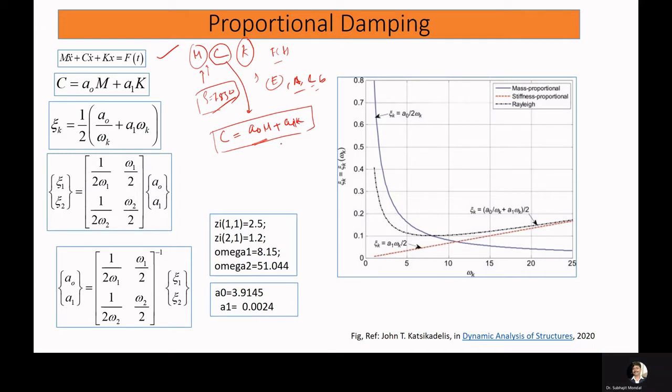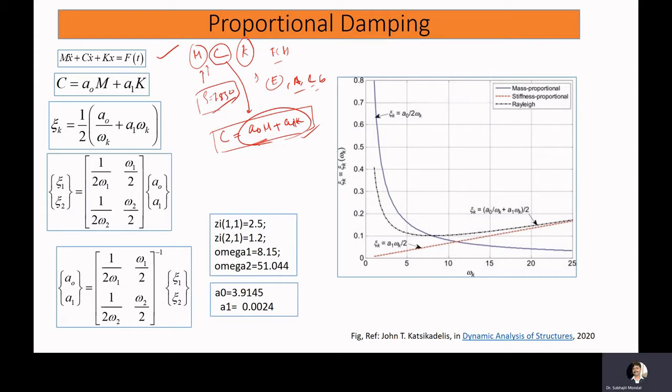Now here you can say that there is no logic to consider the damping matrix like this. It can be in other forms, but for our mathematical convenience, we are assuming the damping matrix as a combination of A0M plus A1K.